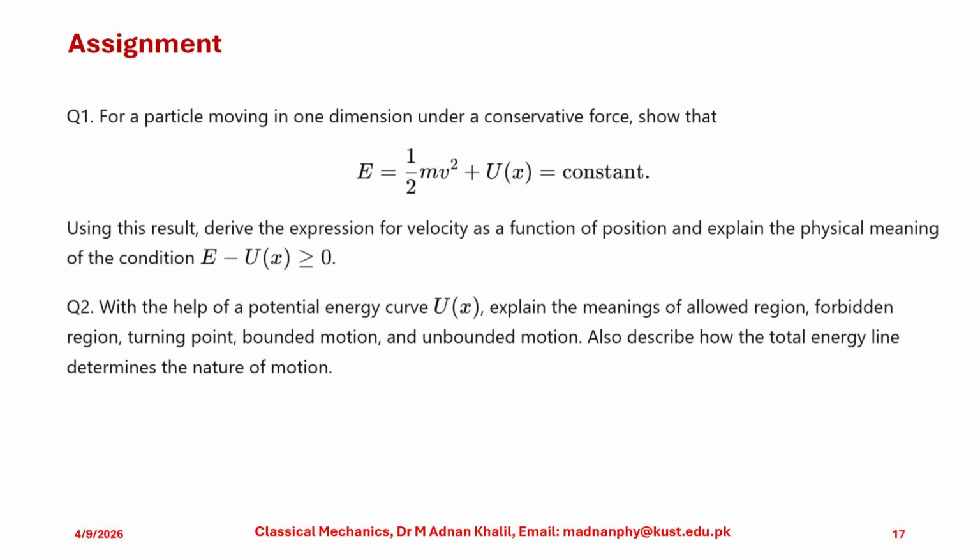Now the assignment part. In question 1, you need to derive the one-dimensional energy relation and interpret the condition as shown, E minus U of x greater than or equal to 0. This will make you understand why motion is only possible in the allowed region. In question number 2, use the potential energy curve to explain allowed region, forbidden region, turning points, bounded and unbounded motion.